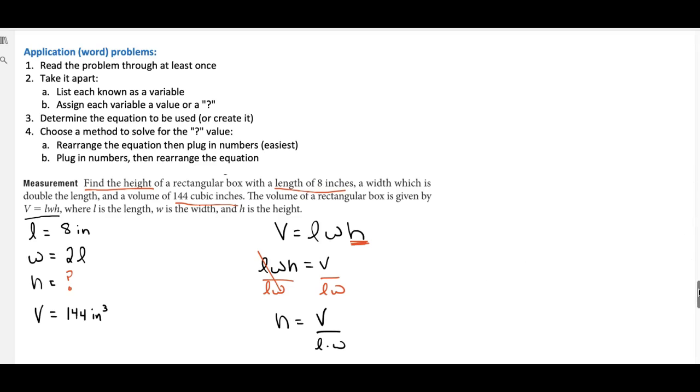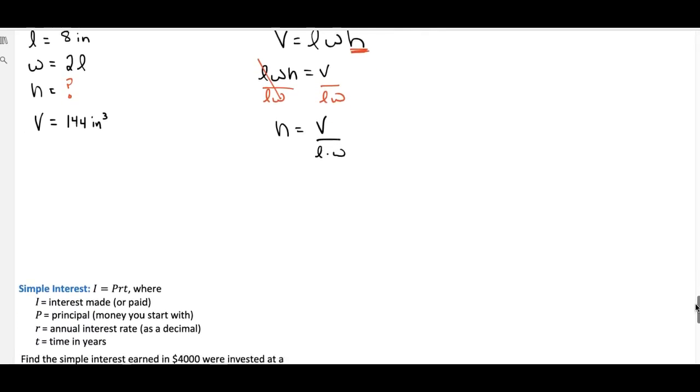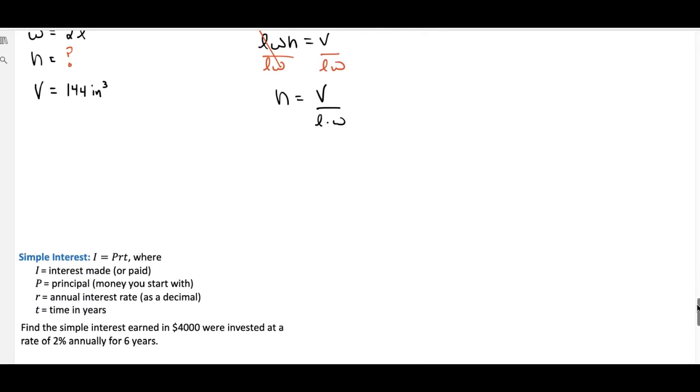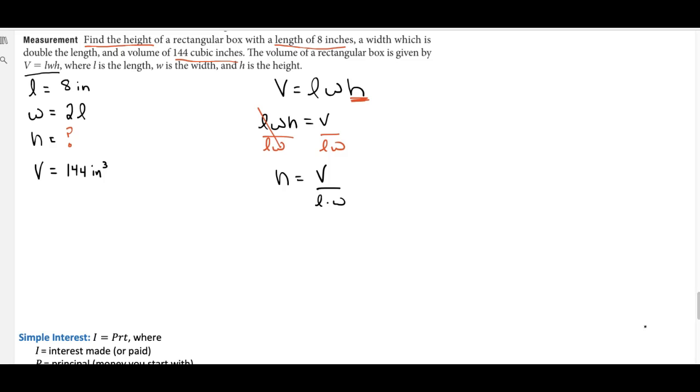So I'm going to have to scoot this down just a little bit, make a little more space. And so now we are trying to find H. We know the volume, we know the length, and we know the width in terms of the length. So we're going to plug in volume is 144, the length is 8, and the width is double the length.